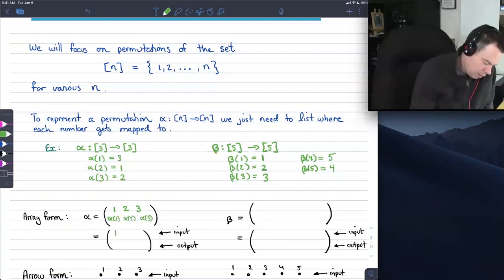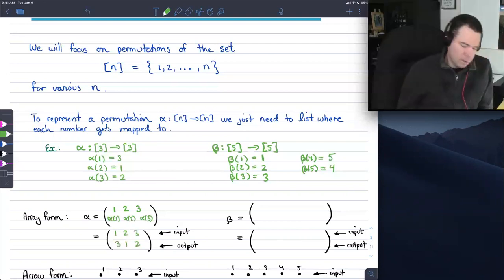So in this case, our array would be 1, 2, and 3 as our first row, the inputs, and 3, 1, 2 as our second row, or the corresponding outputs for those inputs. And we get all the same information then. We know that 1 goes to 3, 2 goes to 1, 3 goes to 2, just by reading the entry in the top row and then the corresponding entry right below it.